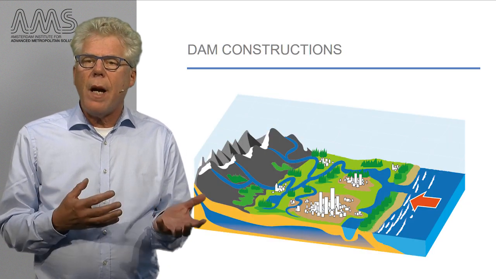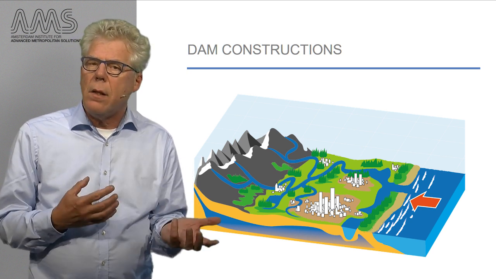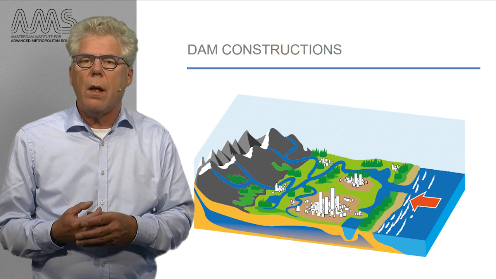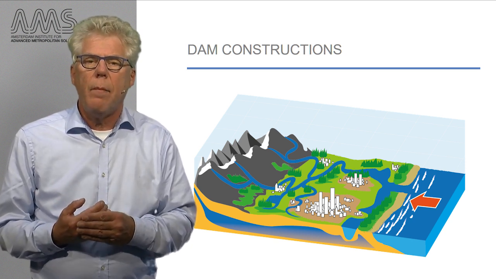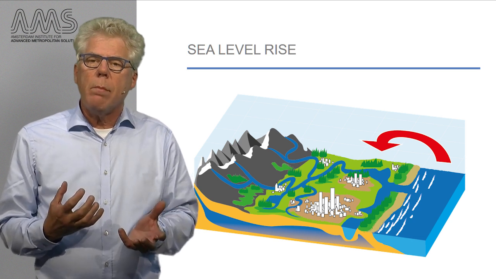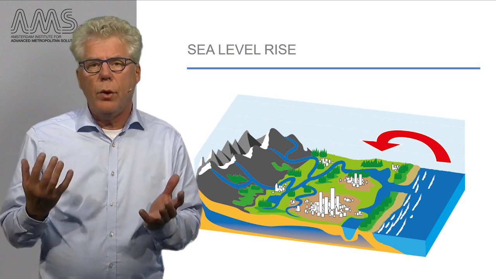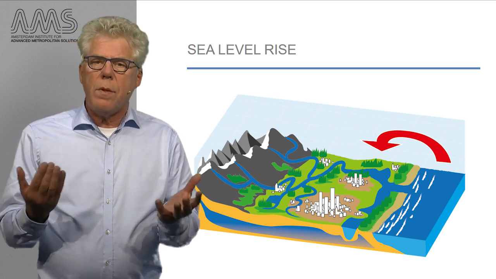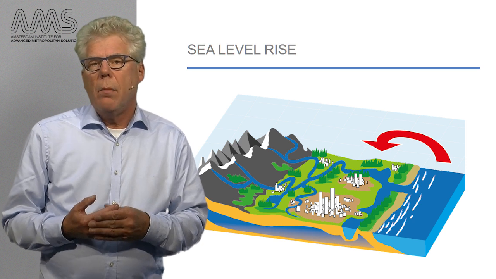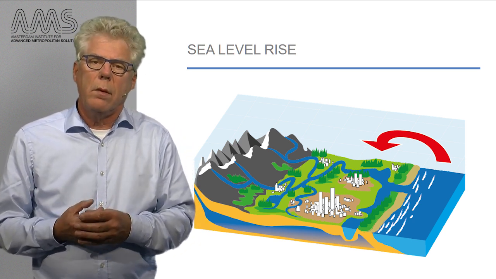As a result, delta areas are confronted with lower river discharge, and this leads to reduced groundwater recharge and increased saltwater intrusion in estuaries. At the same time, the sea level is expected to rise, as I have shown you before, thereby threatening the subsiding cities to be flooded, but also pushing more saltwater into the rivers and groundwater.